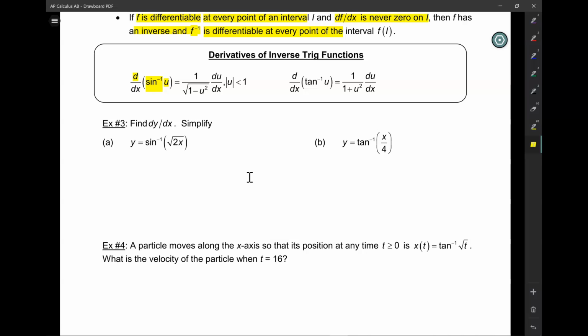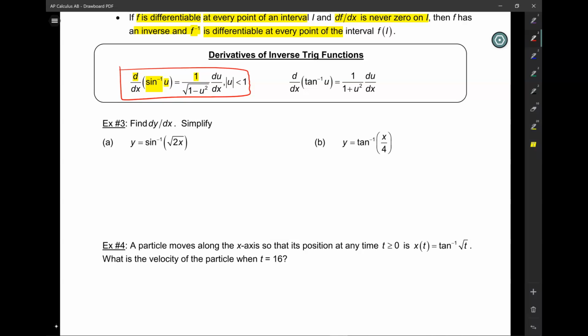They're algebraic functions. So the derivative of inverse sine of u is 1 over the square root of 1 minus u squared, times du dx. That means for inverse sine of stuff, the derivative is 1 over the square root of 1 minus that stuff squared, times the derivative of the inside, because from now on, it's all about the chain rule.